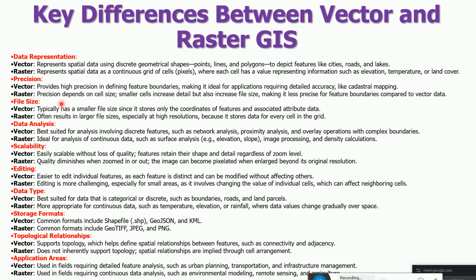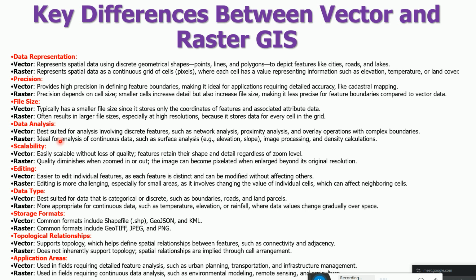A smaller cell increases detail but also increases the file size, making it less precise for feature boundaries compared to vector data. File size: vector typically has a smaller file size since it stores only the coordinates of features and associated attribute data. Raster often results in a larger file size, especially at high resolution, because it stores data for every cell in the grid.